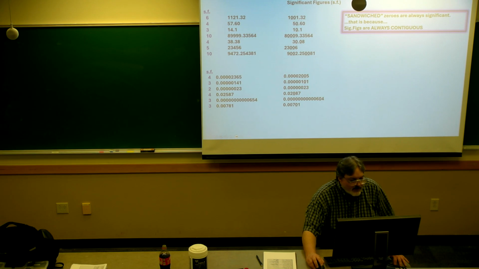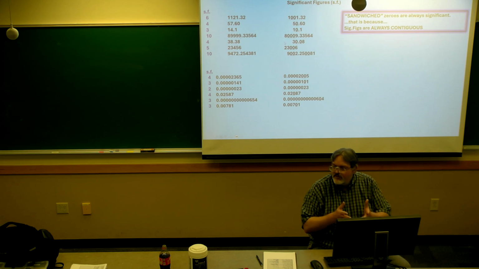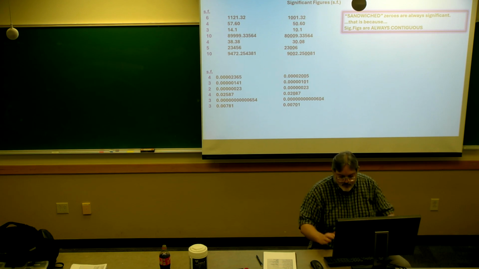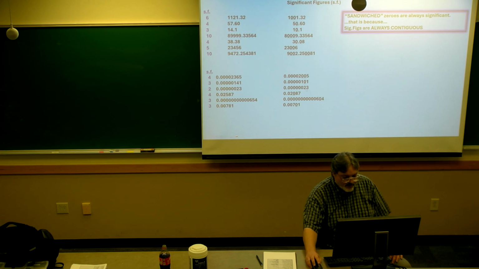So here we have 6, here we still have 4, here we still have 3, because I've replaced interior non-zeros with zeros. You with me? So it's all about the zeros for what's confusing, but sandwiched zeros, don't let that throw you off. I didn't sandwich a 0 here, I don't know why, I thought it looked weird. Oh, I couldn't because there was only 2.